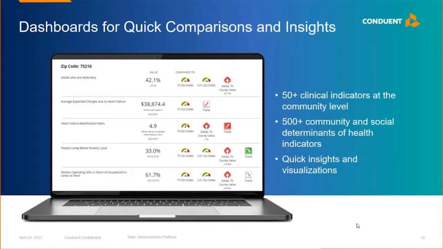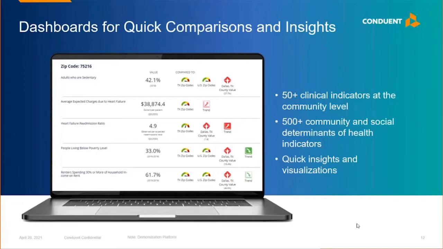And as Linda said, because 80% of health is impacted by what is happening outside the walls of your hospital, your CommunityVision platform will also include more than 500 community indicators that provide insights about the communities where your patient population reside or work. This includes community health indicators around health and health behaviors such as obesity, diabetes, and binge drinking.